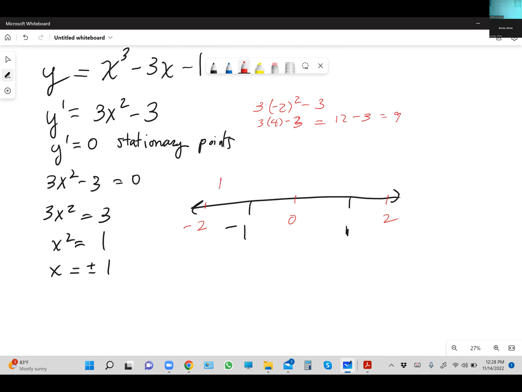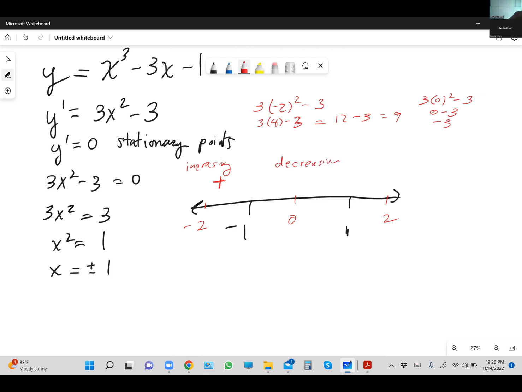So this is positive. It's increasing here. Now we check what happens in the middle at 0. So we have 3 times 0 squared minus 3. That's 0 minus 3, it's -3. So it's decreasing here.